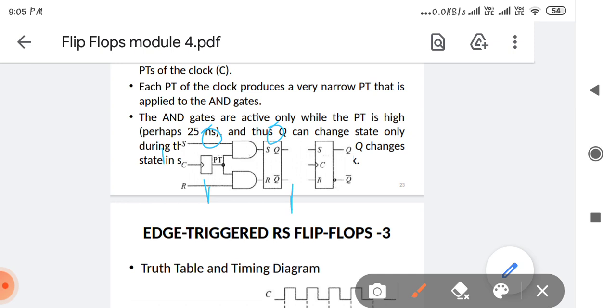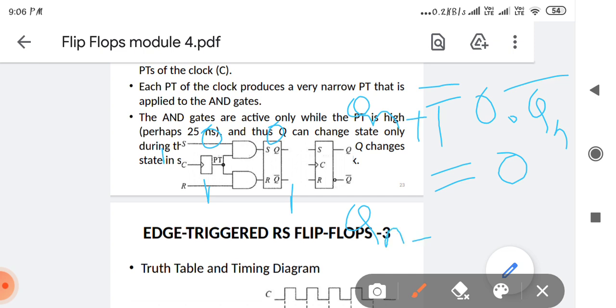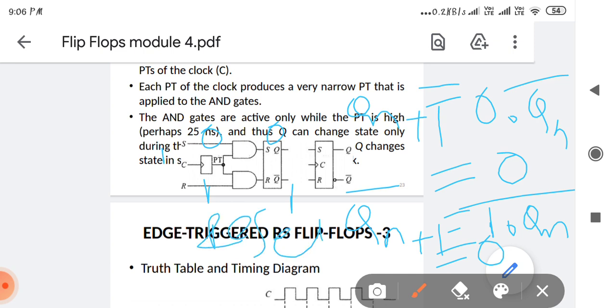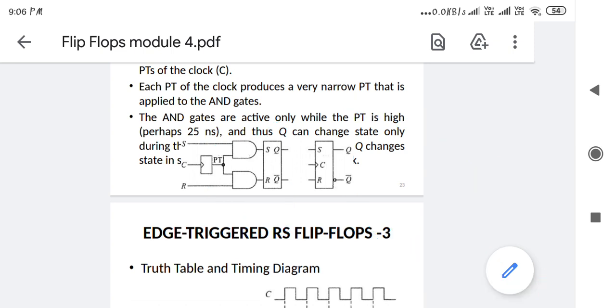Can we take Qn+1 equals 0 into Qn bar, which equals 0? Qn+1 bar equals 1 into Qn whole bar, which is 0. Can we take it? It is a reset. This is a reset.